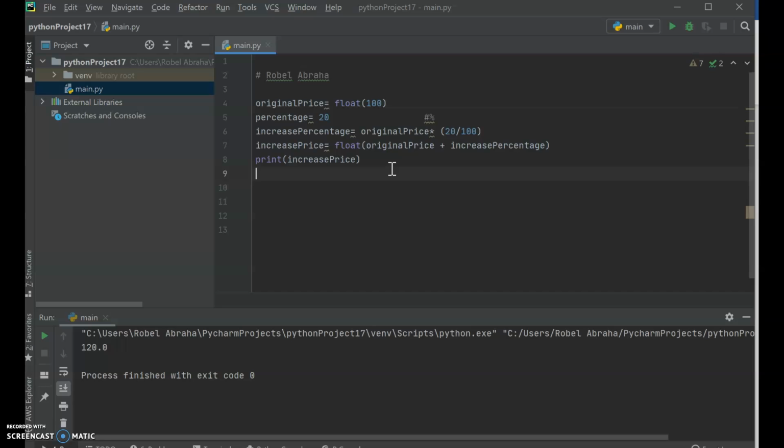Now we are also going to write the code for the decreased price by 20% of the increased price.